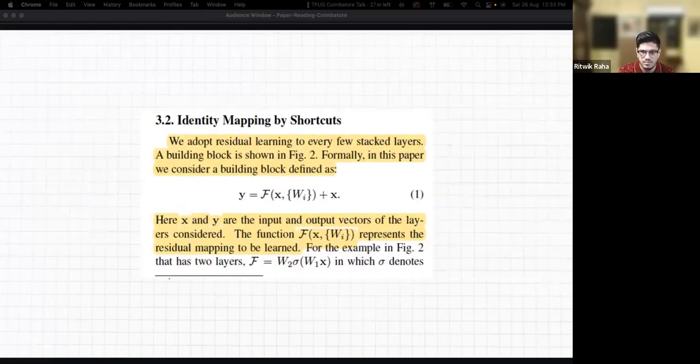The next part of the solution is identity mapping, because they want to understand what identity mapping is and how it helps deep residual learning. The authors present the residual learning block, which consists of two parts.